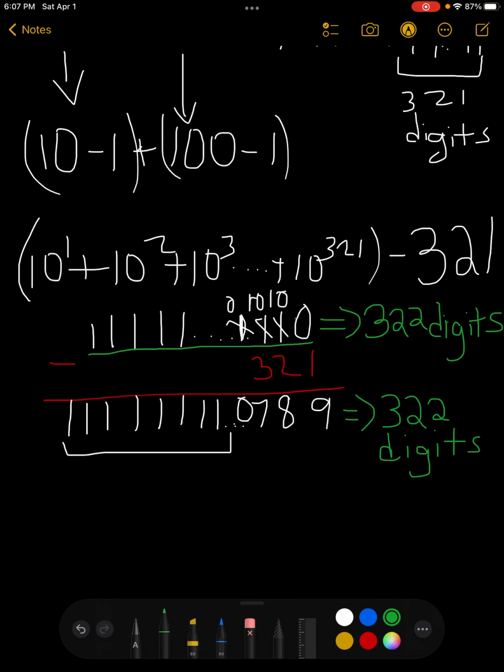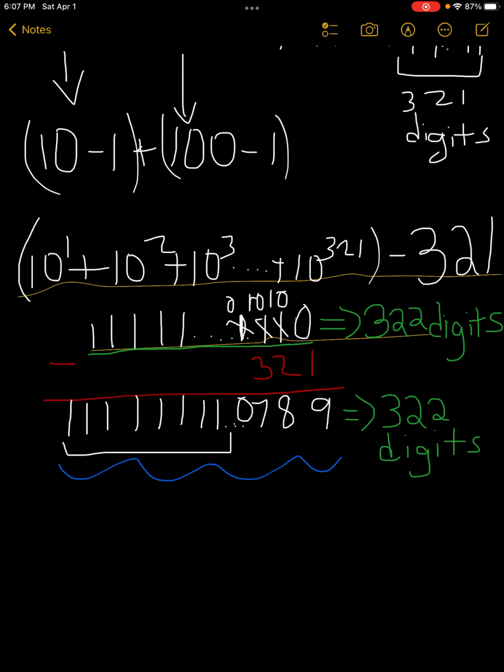So now that we know that the difference of these two numbers gives us this number right over here, we can figure out how many ones are in this number. And to do that, we can just subtract the digits that aren't ones from the total number of digits.